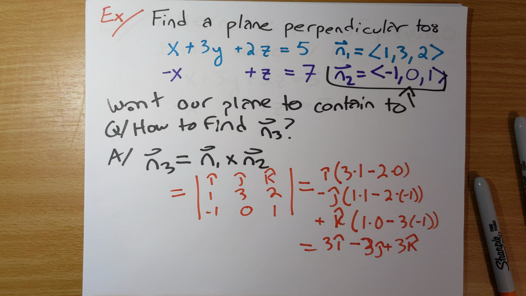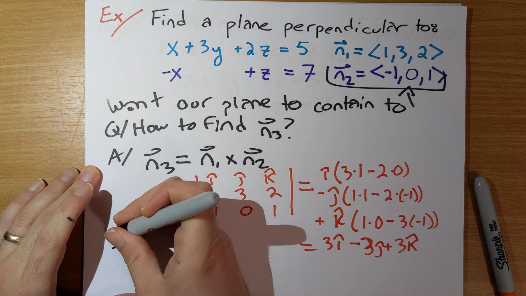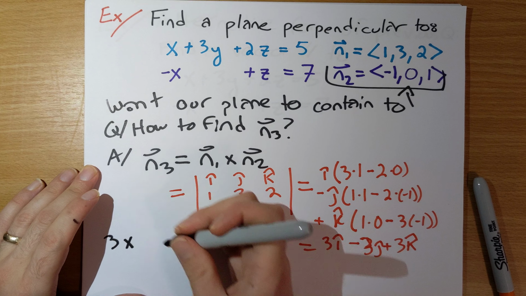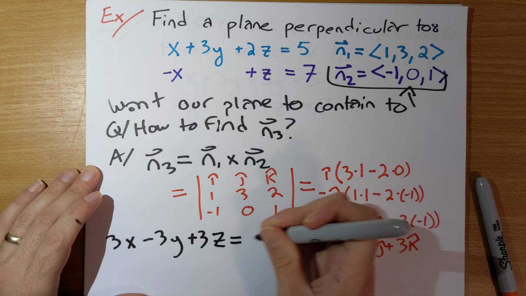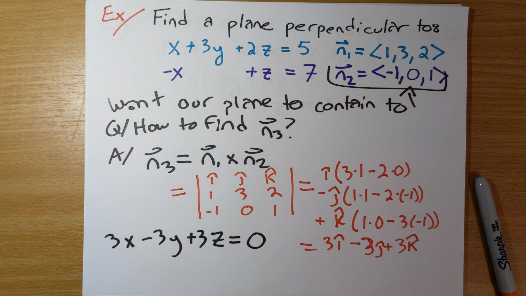And as a result, we can quickly write down an equation of a plane. 3x minus 3y plus 3z is equal to 0. This works. This plane's normal vector is 3, negative 3, 3.